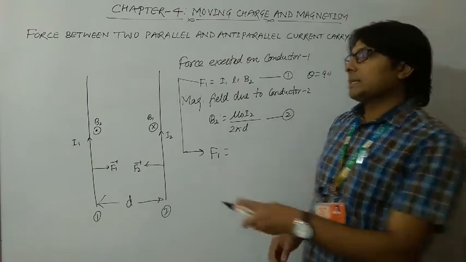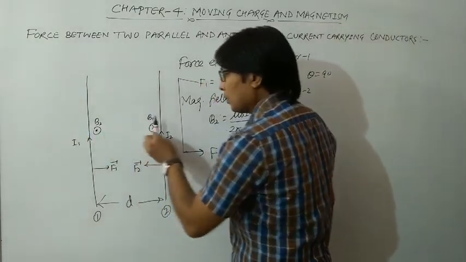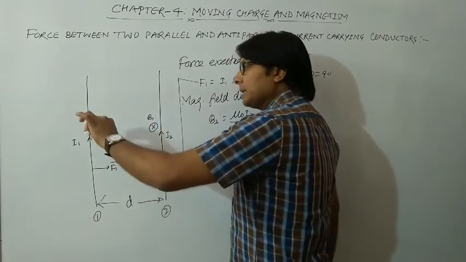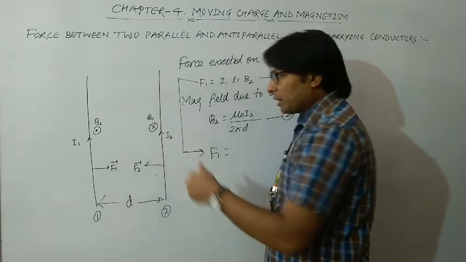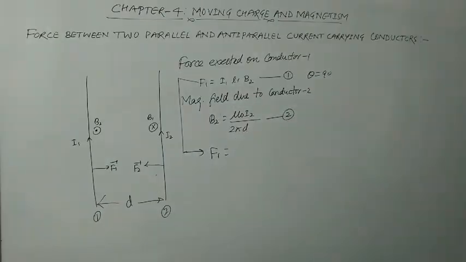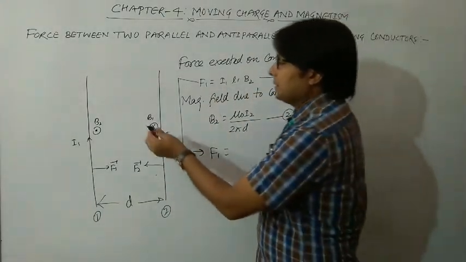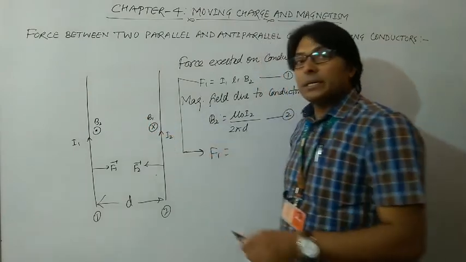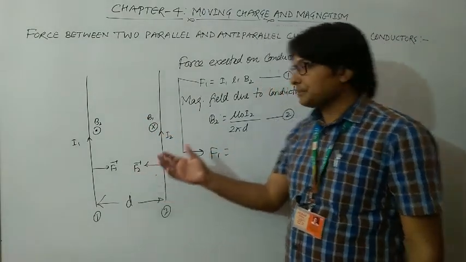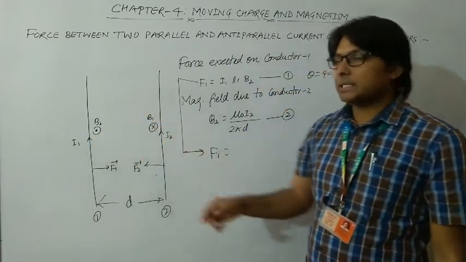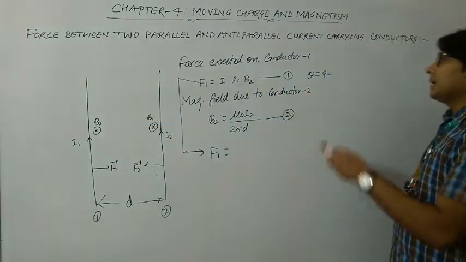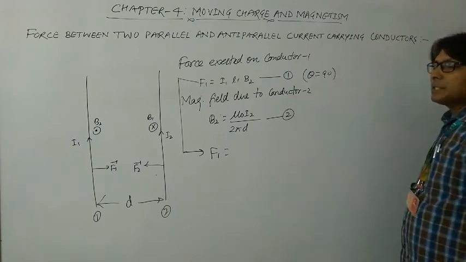So the length is along this, and the magnetic field is either perpendicularly outward or perpendicularly inward, but no matter in which direction the magnetic field is, in both cases the angle theta is 90 degrees. So sine 90 becomes 1.